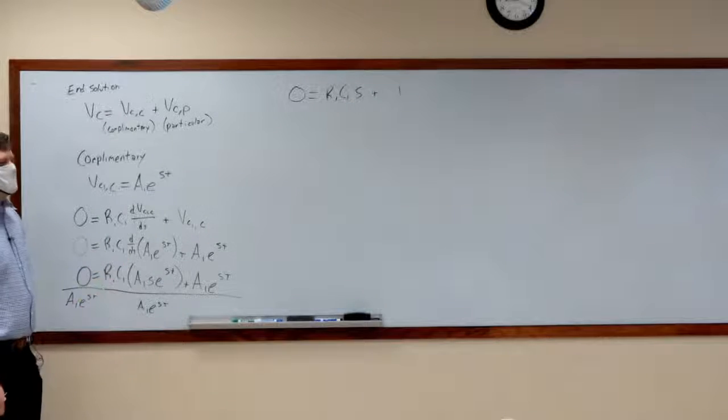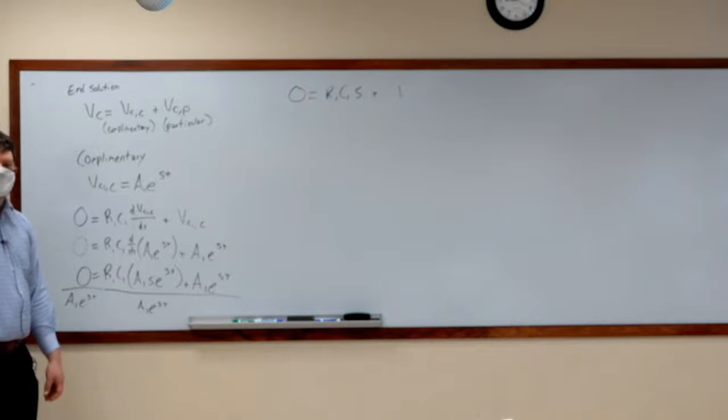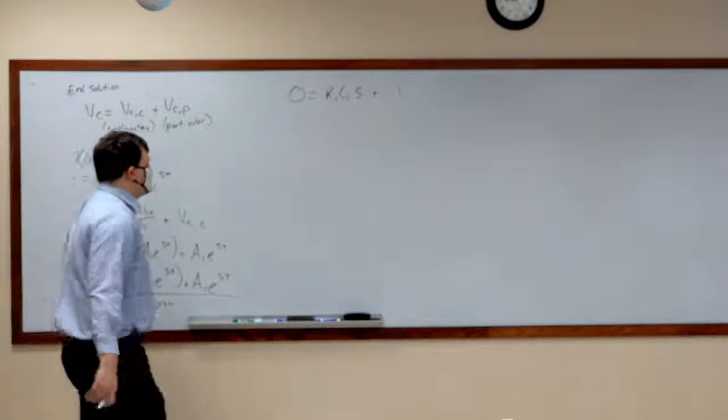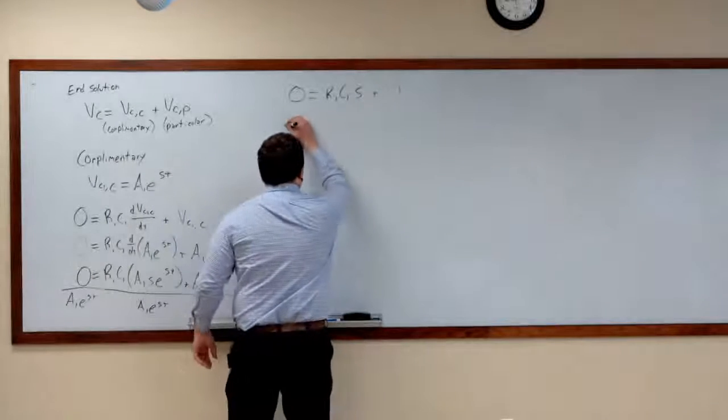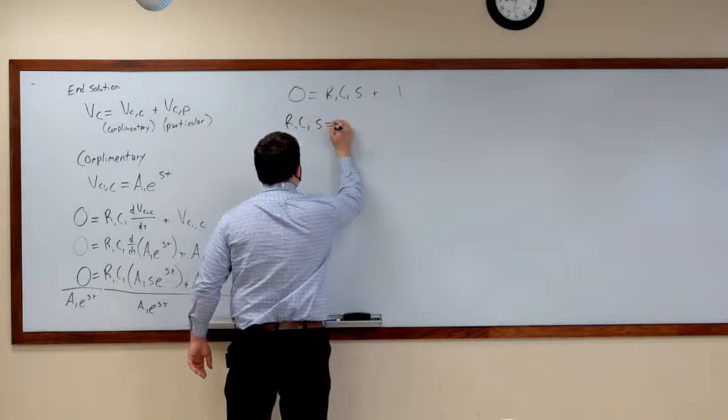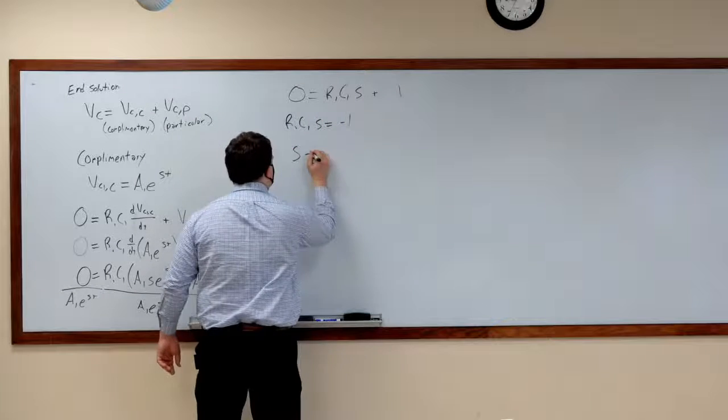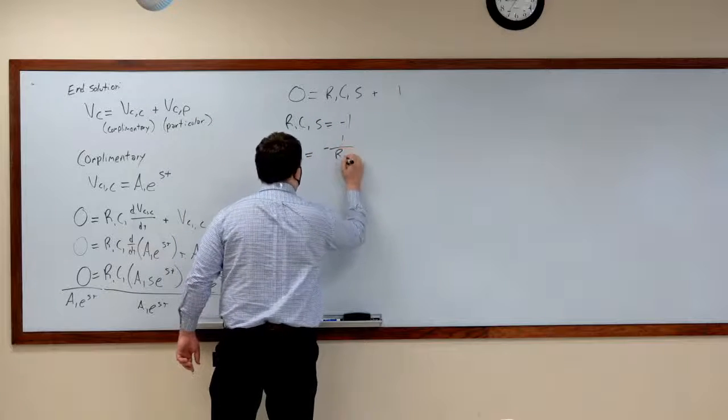But now we can't solve for A1, but we can solve for S. So we bring this over and R1 C1 S is equal to -1. S is equal to -1 over R1 C1.